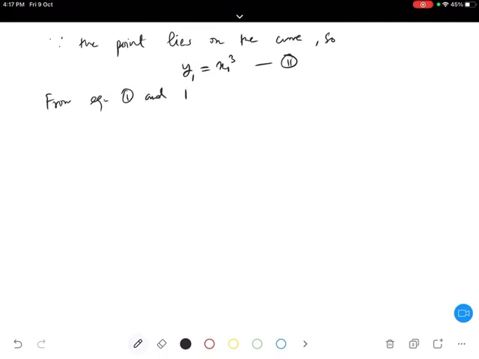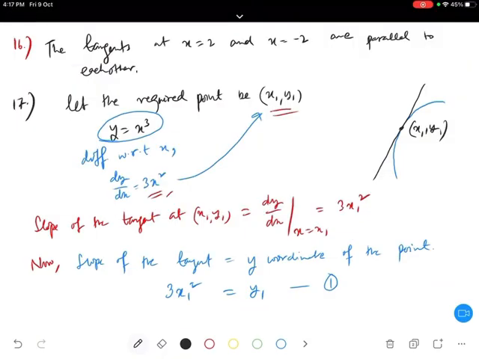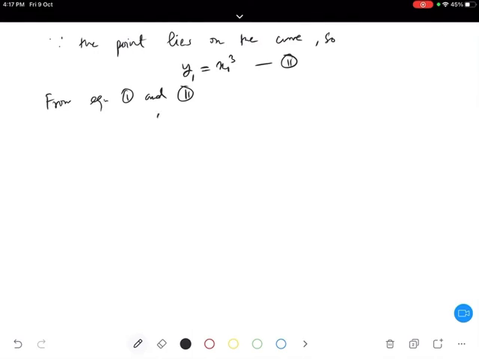Everyone clear up till here? Yes or no? Please tell me. So when x1 is 0, y1 is equal to 0 cube, that is also 0. And when x1 is 3, y1 is equal to 3 cube, that is equal to 27.